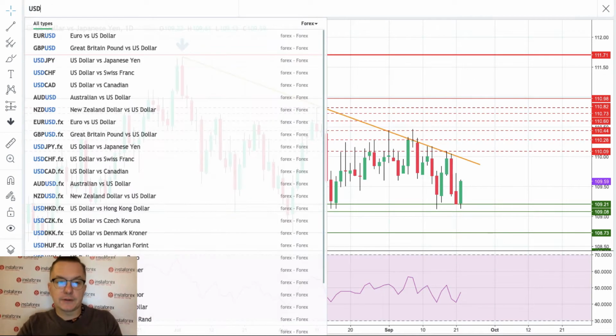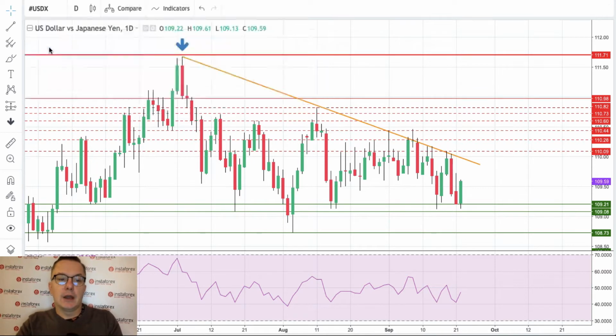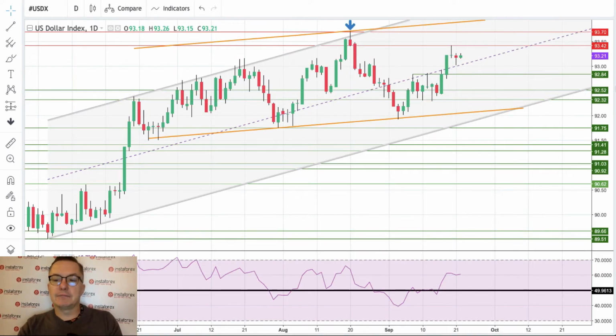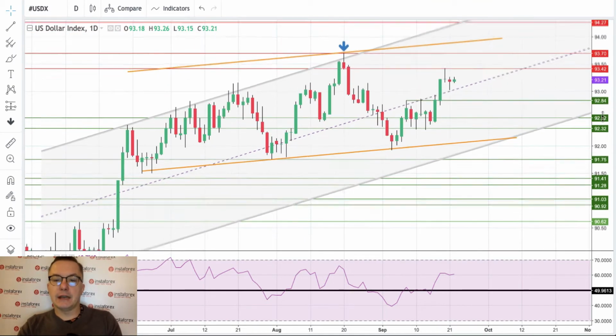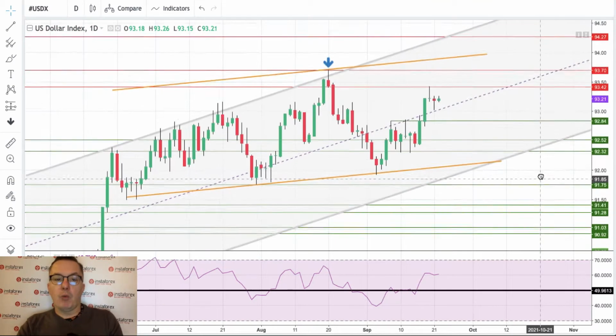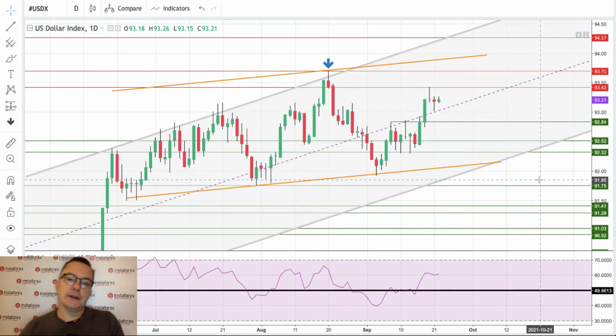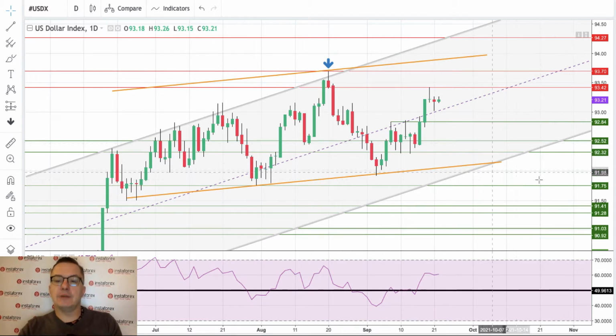US dollar, of course. What is going on with the US dollar? I don't think there is much movement. Yes, there you go, because of the interest rate decision. So when this decision is released finally, if there is any kind of a rate hike, the US dollar will spike up like no tomorrow.